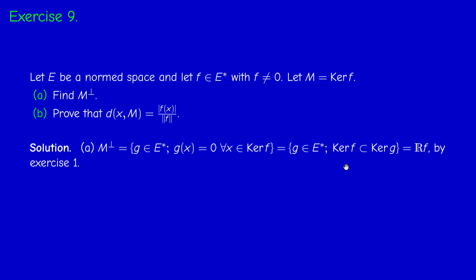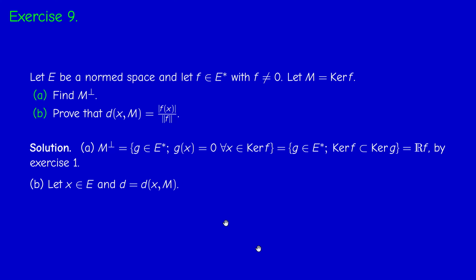But by exercise 1 that we proved, we know that if g is here, then g is a multiple of f, and conversely, of course. So the set is precisely the one-dimensional subspace generated by f. Of course, this subspace lives in E star. So this concludes the first question.